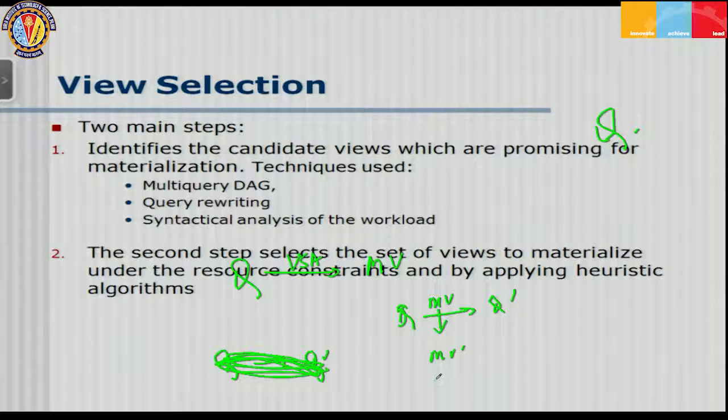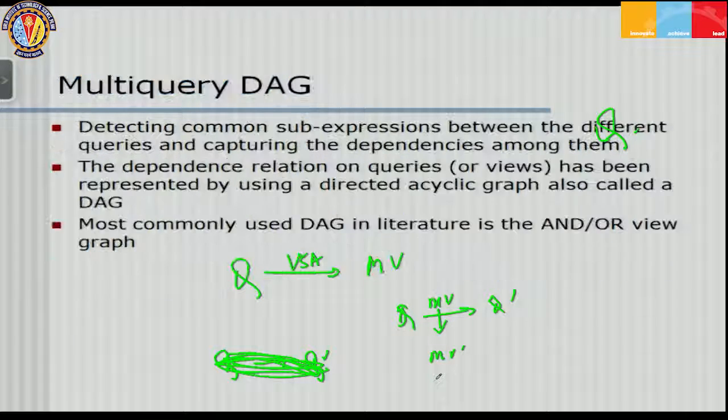The first step is that we identify the candidate views which are promising for materialization, and techniques used for this are multi-query DAG, where DAG stands for directed acyclic graph, then query rewriting, and syntactical analysis of the workload. Once we have identified the candidate sets, we run the view selection algorithm to get the materialized views, and this is typically done using heuristic algorithms, as I explained earlier.